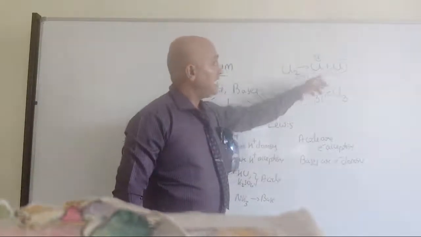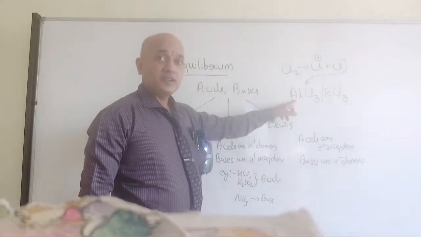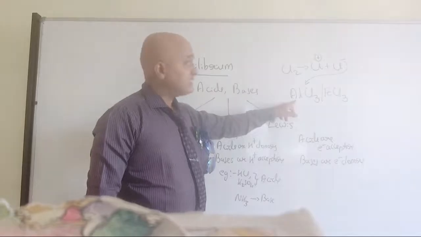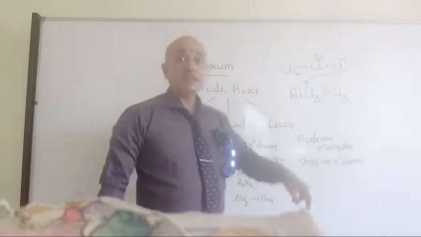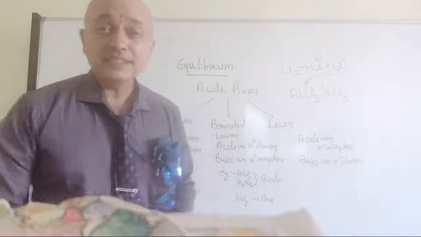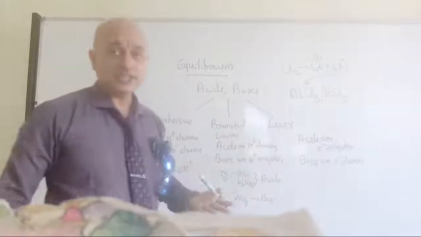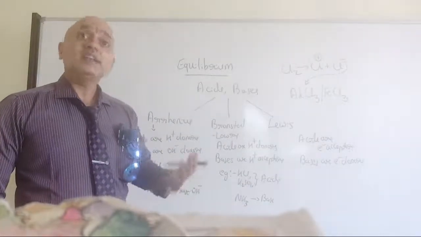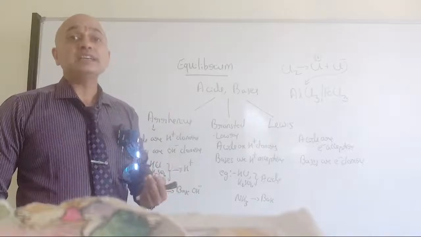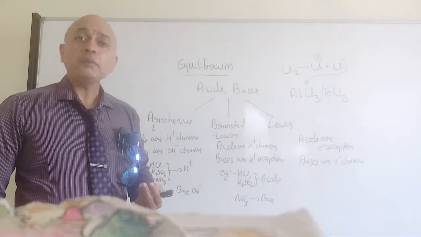So they are electron acceptors. Got my point? So aluminium trichloride, where aluminium is in its highest oxidation state, that is +3, can act as a Lewis acid. Got my point?